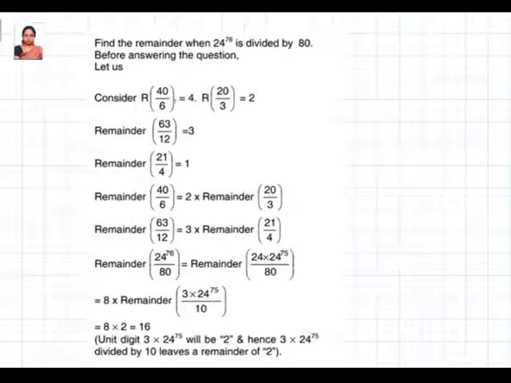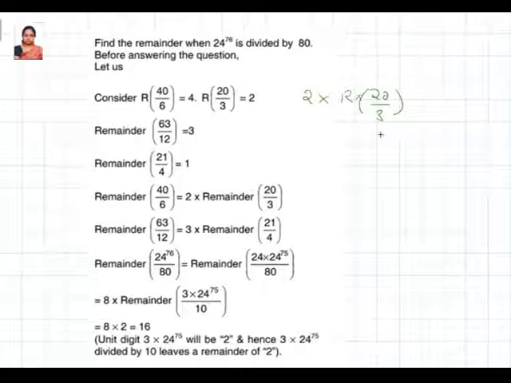So what you can do here is, whenever you have 40 by 6 and you want to make the number smaller so that the calculation becomes easier, you are going to remove the common term. What is the common term which you are going to remove here? That's nothing but 2. So you can keep the 2 outside, and then for the balance you can find the remainder. You have removed 2, so it's going to be only 20 by 3.